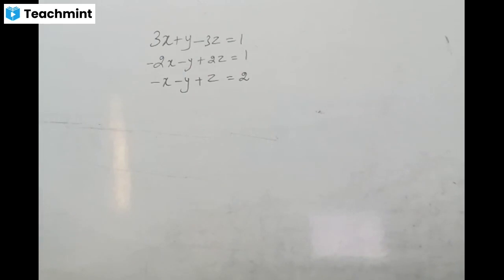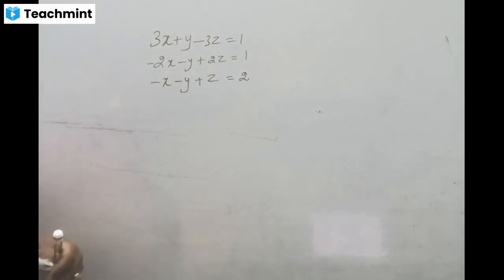Fifth equation. So I need the equation 5, ma. 2x minus 2z equal to 3.